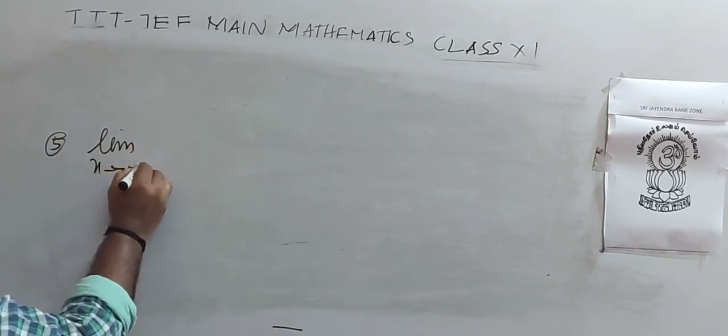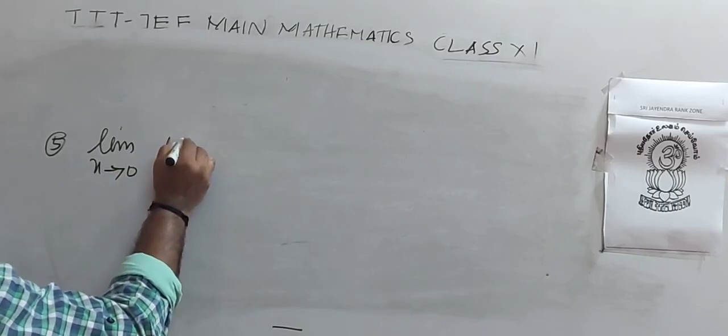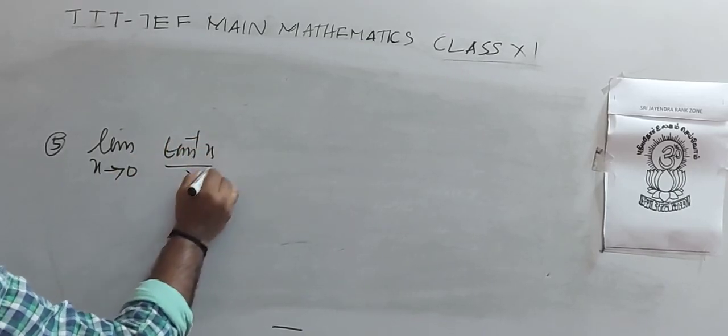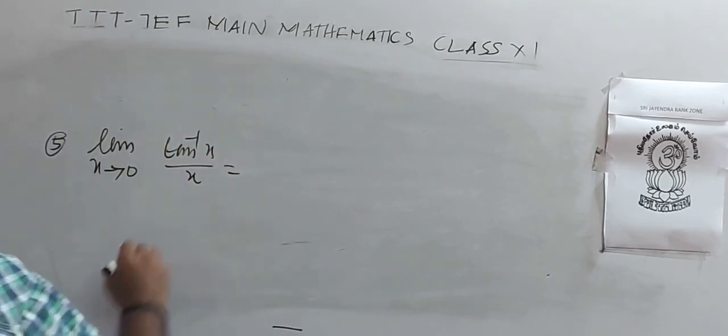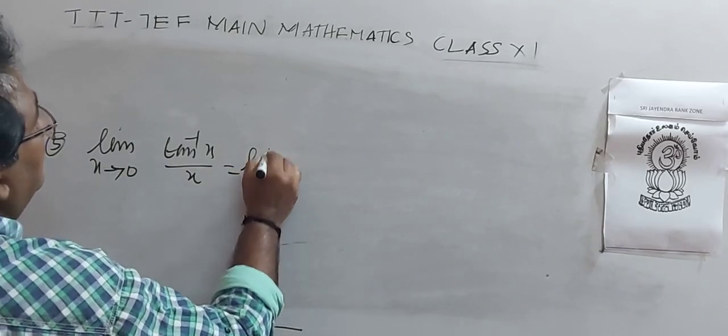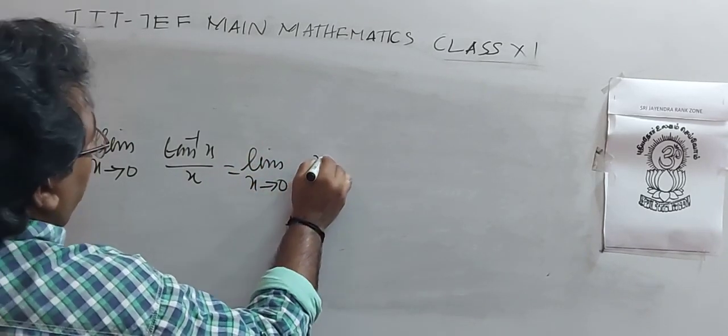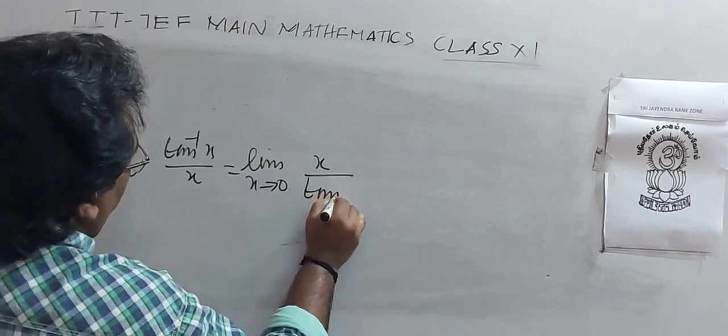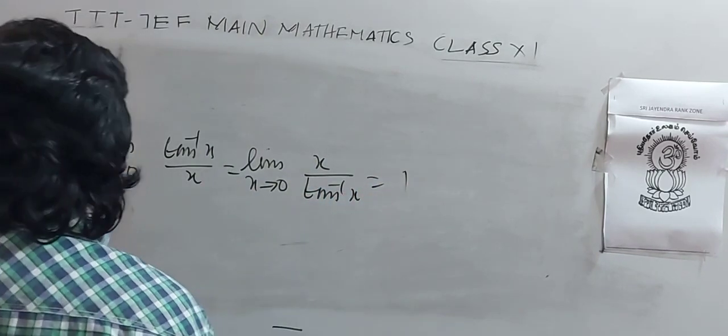Limit x tends to 0 of tan inverse of x by x equals limit x tends to 0 of x by tan inverse of x equals 1.